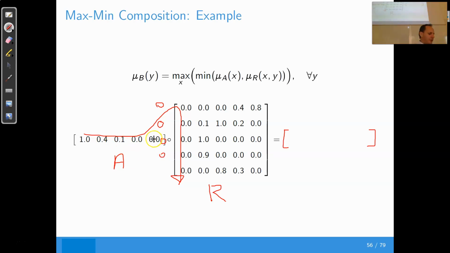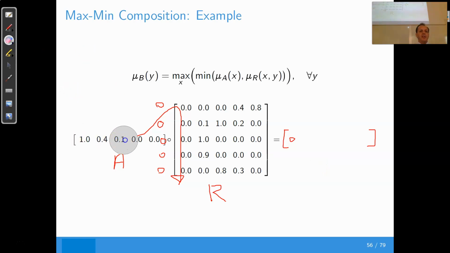The minimum between 0 and 0 is 0. Then, when you compute this first comparison, you need to find the maximum. The maximum among 0, 0, 0, 0 is 0. So the first element of this vector is 0.